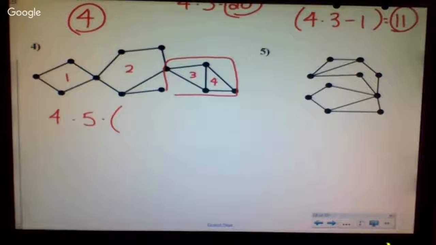How many in circuit 3? 3. How many in circuit 4? 3. Minus 1. Because you share an edge. So when I count these 3 edges and then count these 3 edges again, I've counted that edge twice. So you want to subtract 1 to get rid of it. Would that be 160? Good. There should be 160 different options.